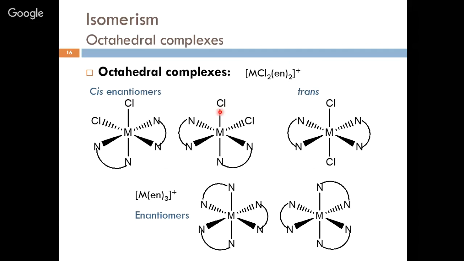So we can have two forms where the chlorides are cis to each other, and then the ethylenediamines are actually cis to each other as well. And we can have one where the chlorides are trans, and then the ethylenediamines are essentially trans from each other. And then there are two enantiomers, which have some really interesting properties, where the ethylenediamines, if we have three ethylenediamines, form these two distinct enantiomers.